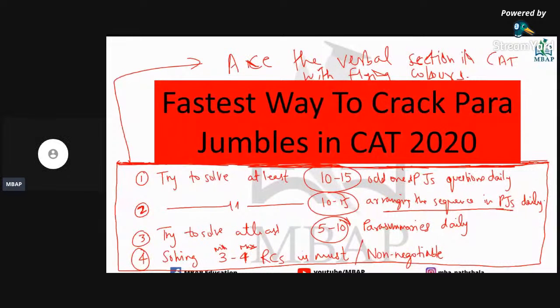Okay. So Arpita Jain, to answer your question, what is the maximum time it should take to solve one PJ? Very good question. So my suggestion to all of you is that for a parajumble question, be it odd one out or arranging the sequence, it is, Arpita, 2 minutes max per question.